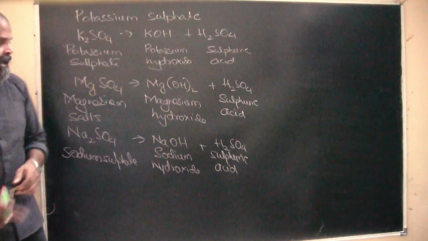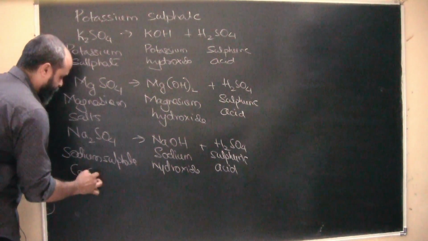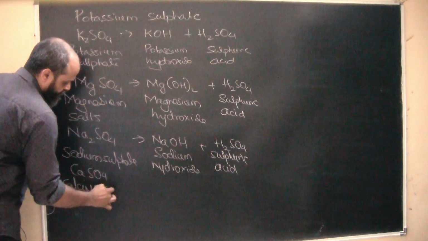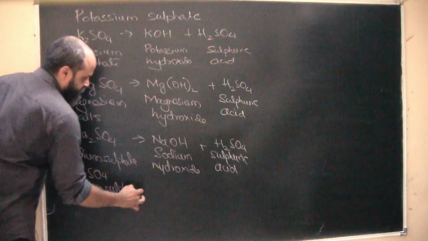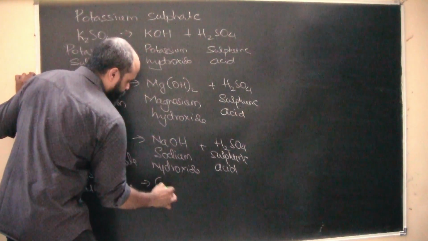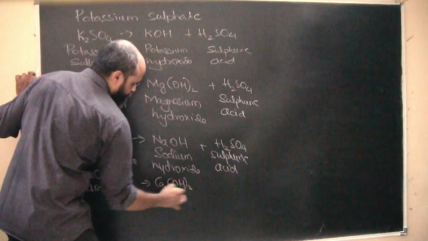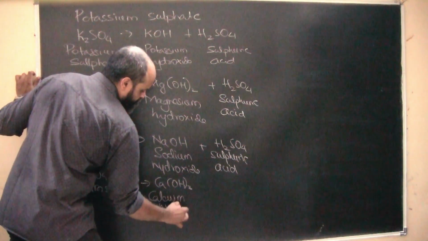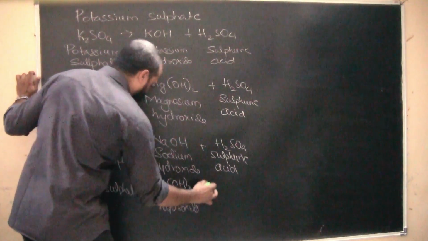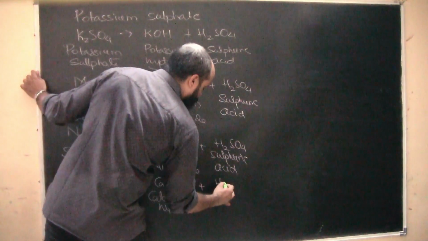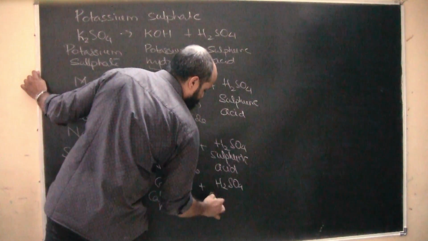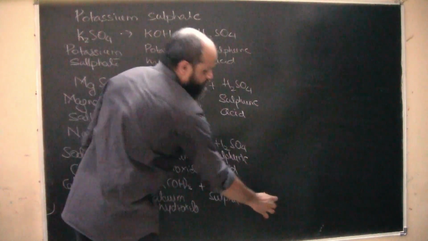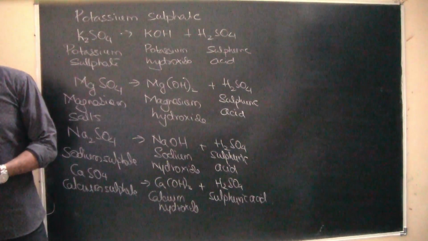What else do we have? Calcium sulfate, for example. Calcium sulfate is formed from calcium hydroxide and sulfuric acid.